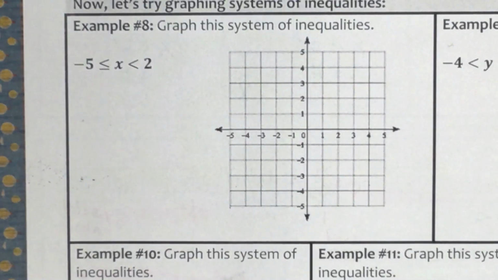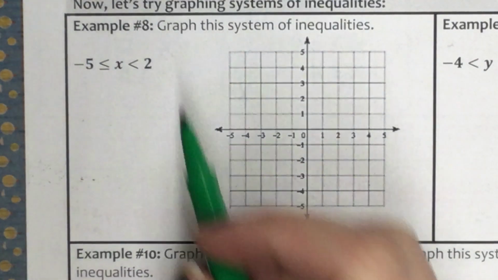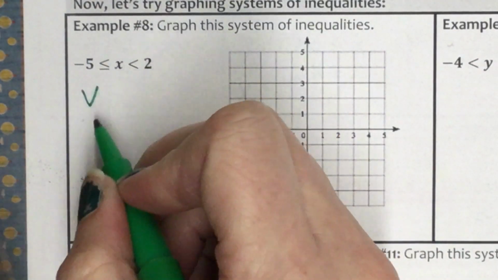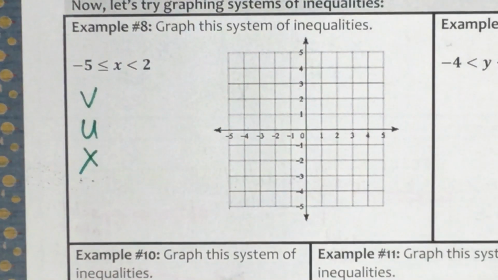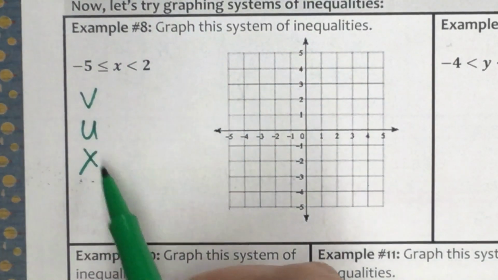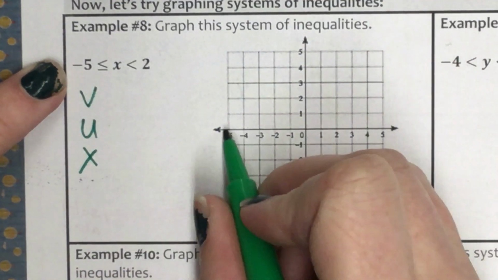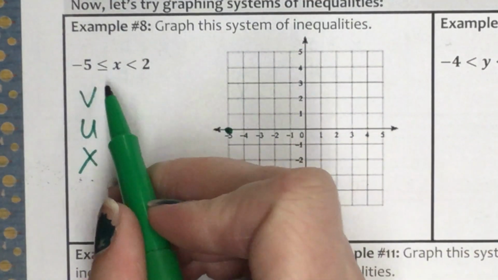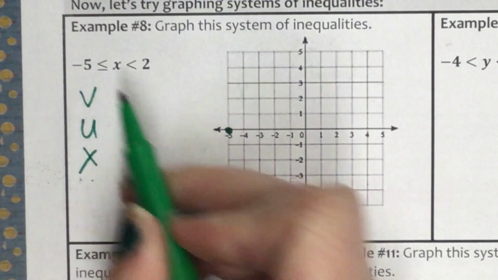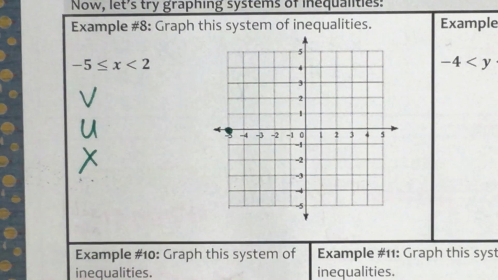So we've got x that is between -5 and 2. X is VUX, so we're going to have vertical lines, and x is going to be between those two things. So let's find x equals -5. That is here. -5 has an equals, so it's going to get a solid line.